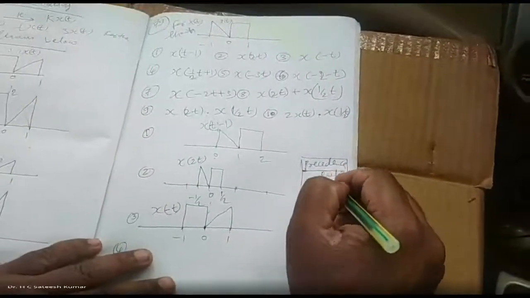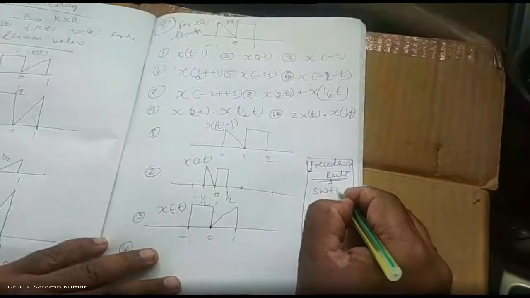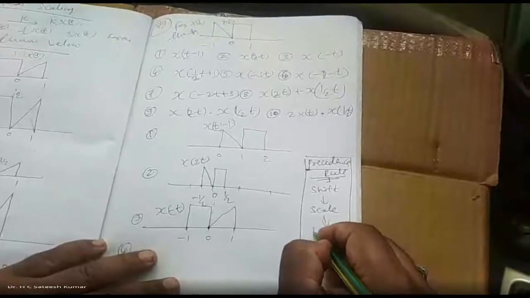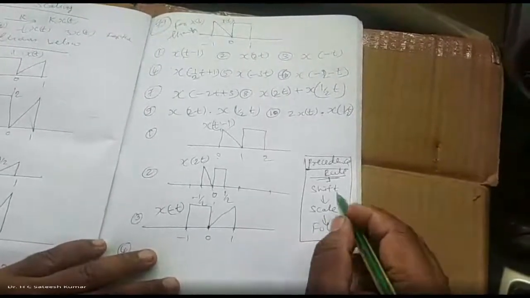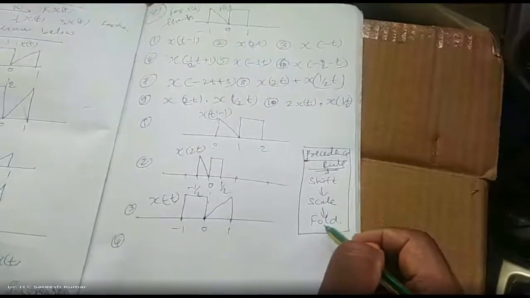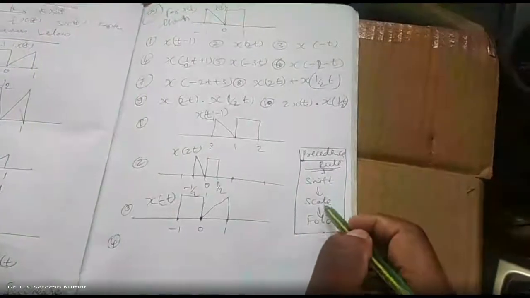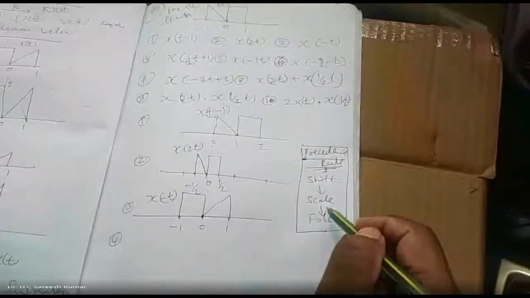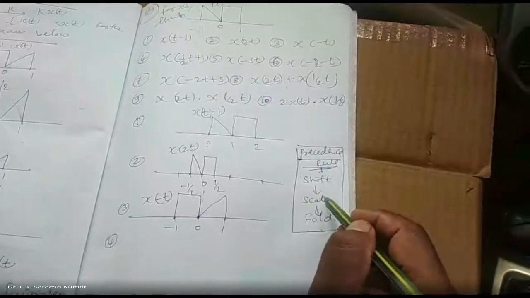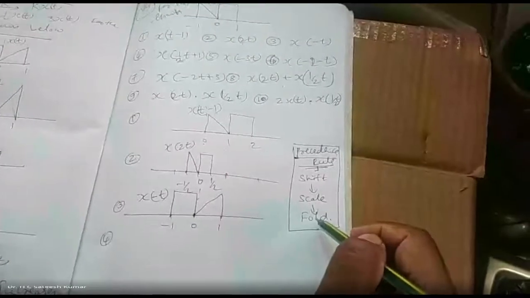According to the precedence rule, first we should do shift, then scale, then fold. If only shifting and scaling is there, last one you leave it. Shift and scale you do. If only the last two are there, scale and fold, leave the shifting. If the center one is not there, shifting or folding, you should do shifting and folding. Okay.